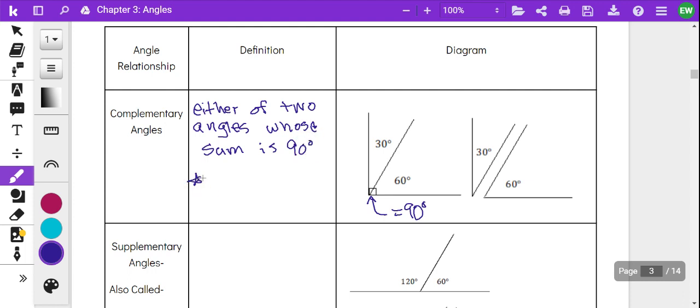Very important. They can be adjacent, but they do not have to be adjacent. So it may just be stated that two angles are complementary. And you have to understand that that's 90 degrees. So may or may not be adjacent.